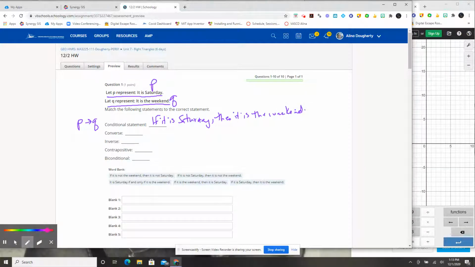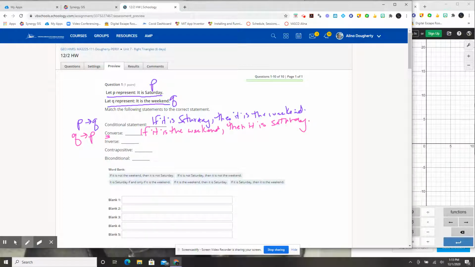Need a new stylus. And then the converse is going to be change order. So instead of PQ, it's going to be QP. So then if it is the weekend, comma, then it is Saturday.